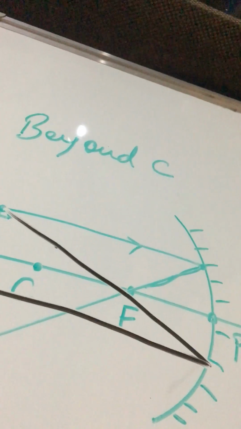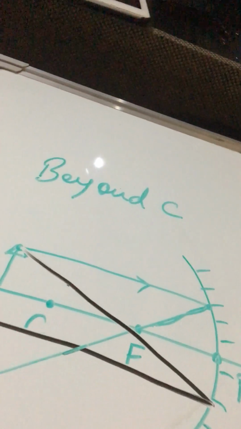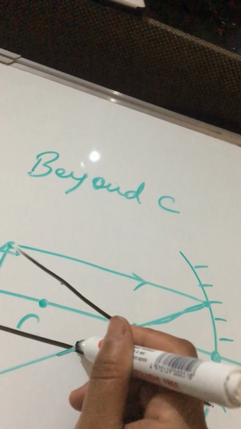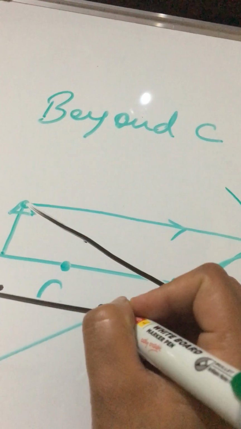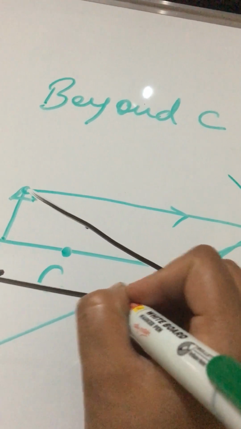Now these 2 reflected rays are meeting at this point, right? This point is the tip of the image.